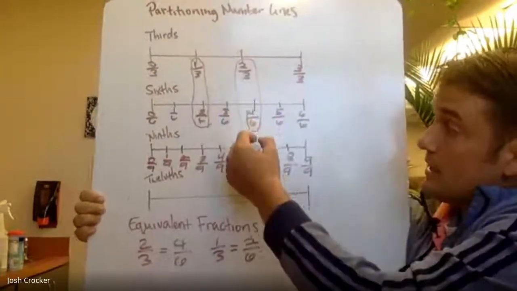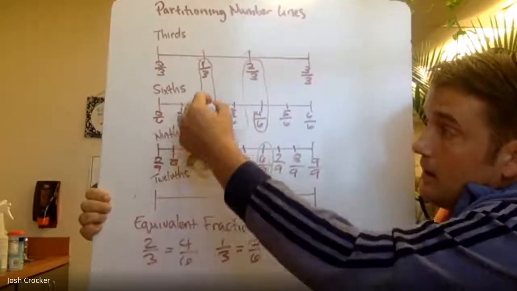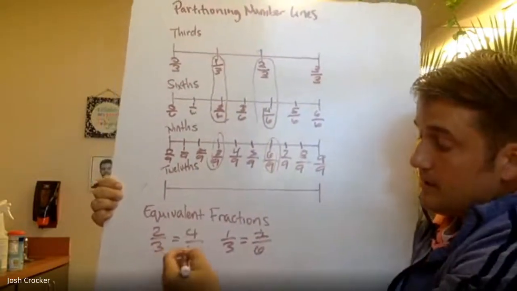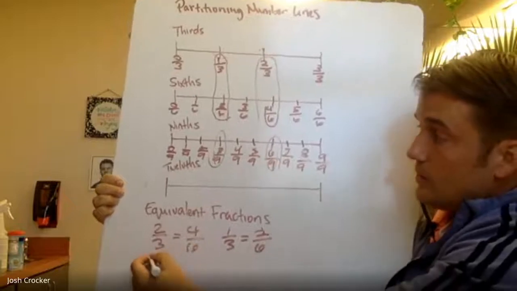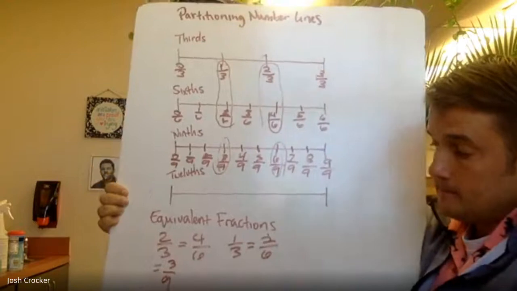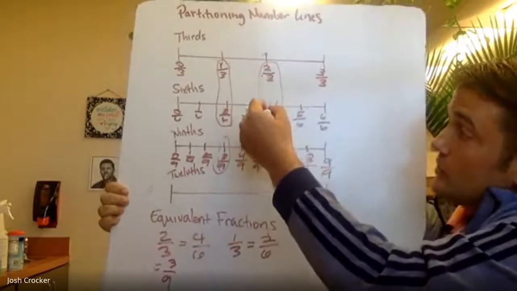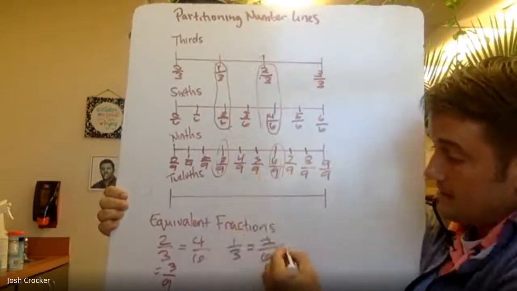So if we look at those lines that we carried down, 2/6 is equal to 4/6, which is also equal to 3/9. Okay. 2/3, 4/6, 6/9.